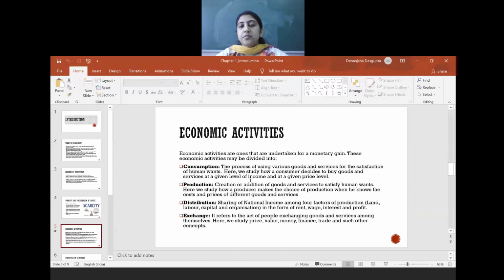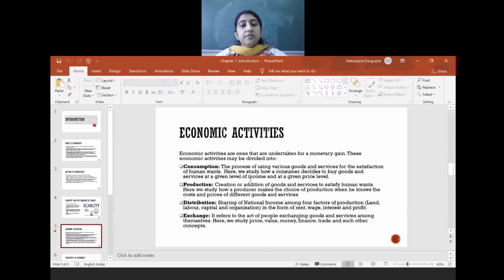Now, see the problem of choice that happens in consumption. As a consumer, so I'm a consumer and you are also a consumer. So everyone who is there is a consumer here. Now, the problem of choice that a consumer faces is that the consumer has a lot of options of things which he can consume with a limited budget.